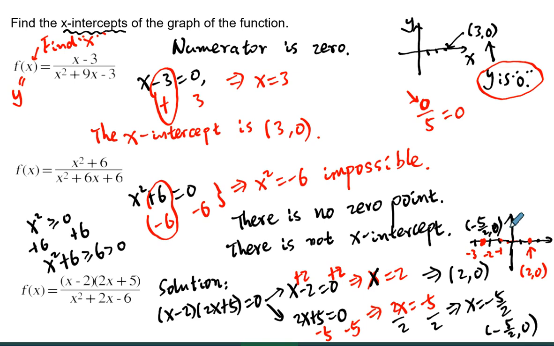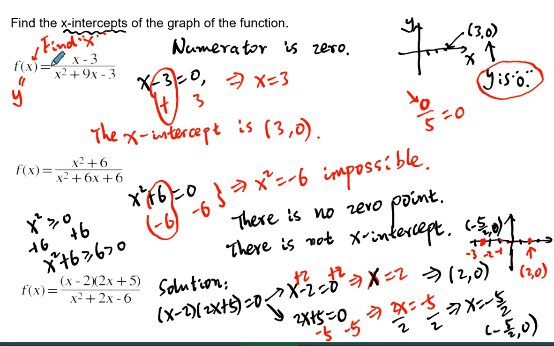So that will be our solution. So here we have 3 questions. The second one is there is no x-intercept. And then the last one is 2, 0, negative 5 over 2, 0. And then the first one is 3, 0 over there.